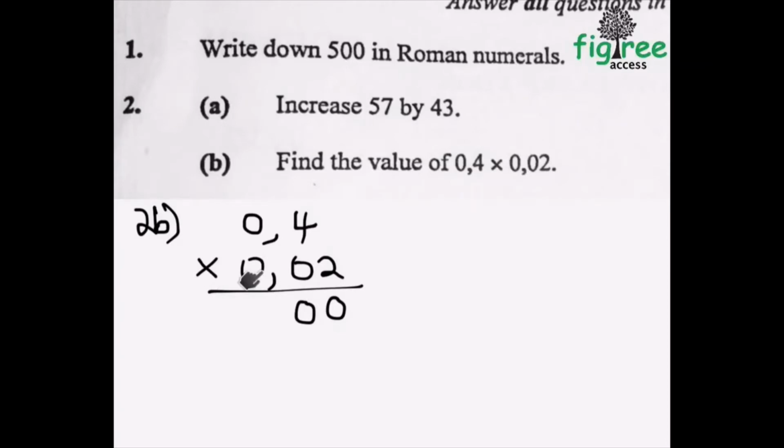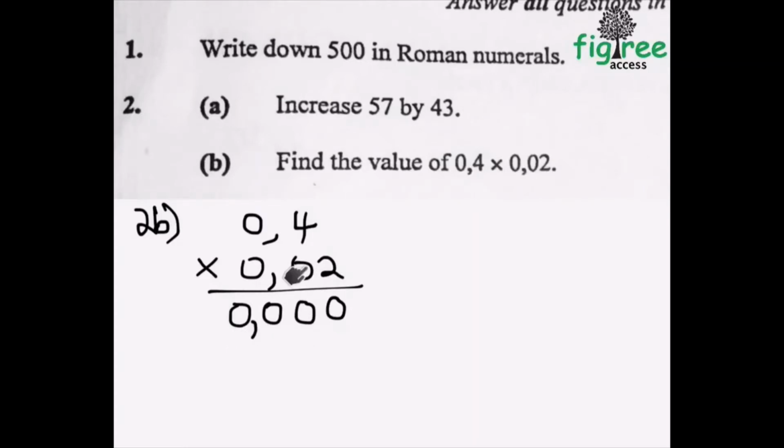So this 0 will multiply 4 and 0. 0 times 4 is 0, then 0 times 0 is 0. Then we just have one number before the decimal point, so we put our decimal point here. You can see that we already have 3 decimal places.